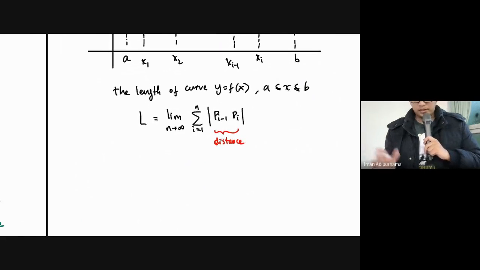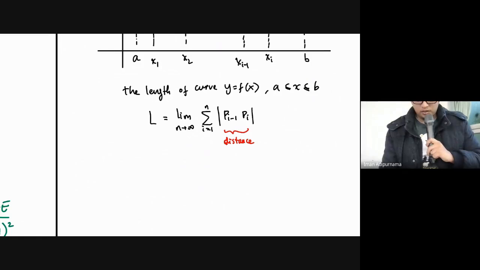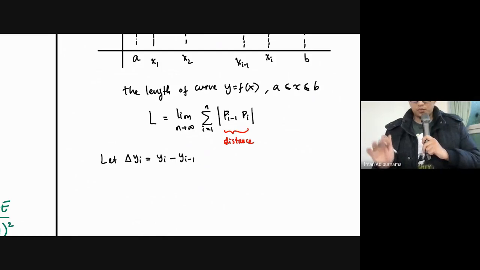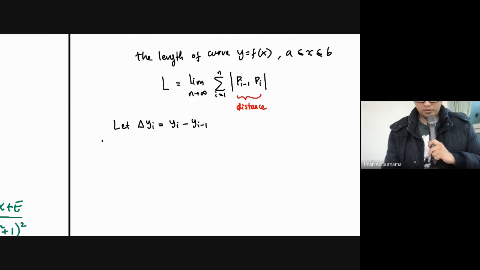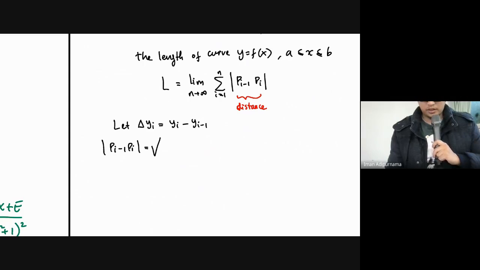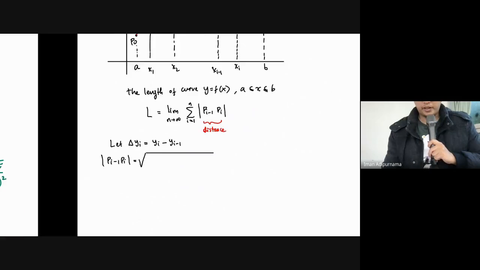Okay, so that is the first definition. If we define delta yi, this is for the distance of y, and we plug into the distance formula, you can have the Pythagorean.